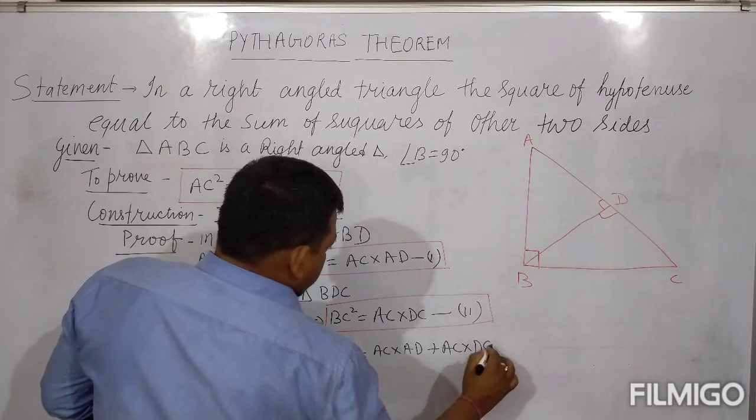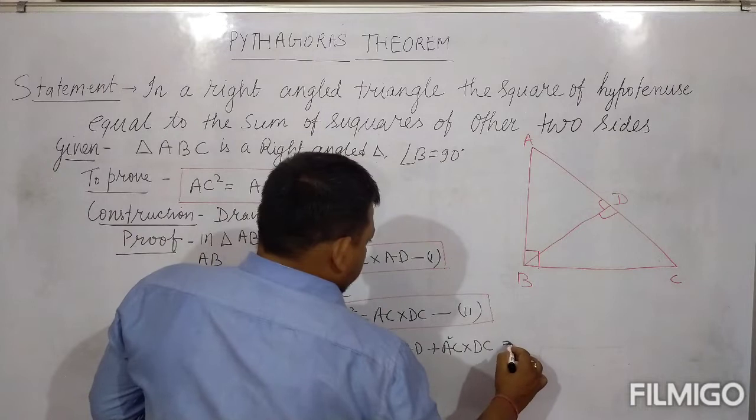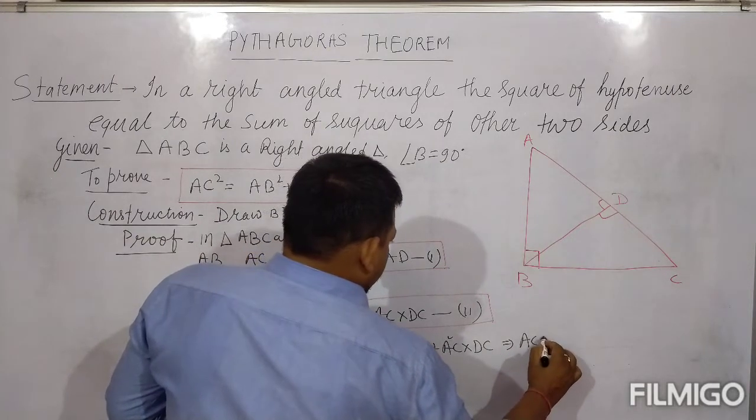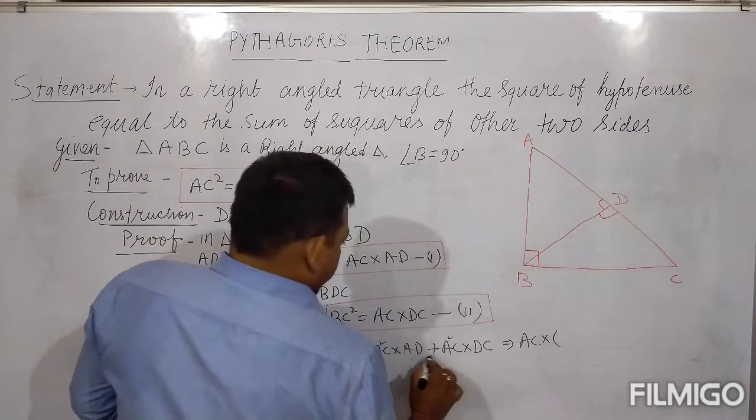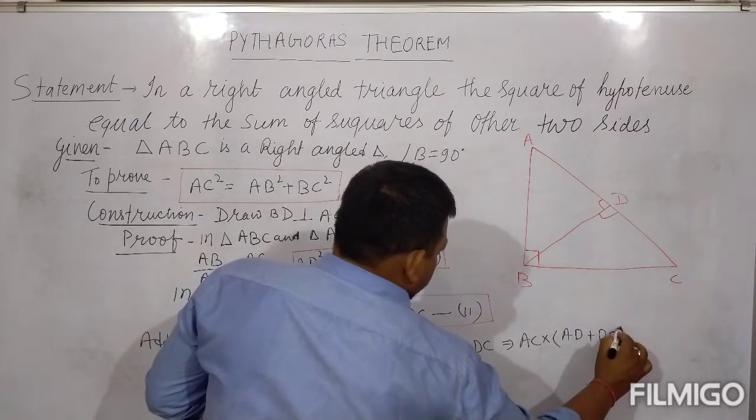Taking AC common, this becomes AC into (AD plus DC).